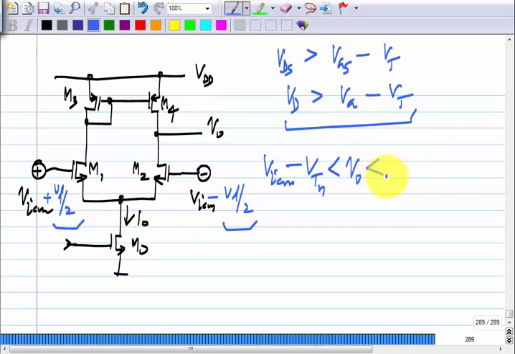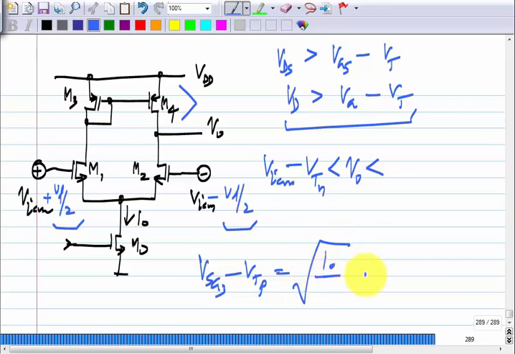what is the upper limit on V naught? What is the upper limit? What is the minimum voltage you need across M4? VSG minus VT. How much is that? VSG3 minus VTP. Okay. How much is that?